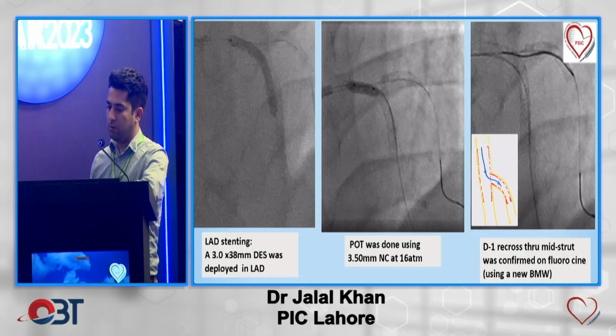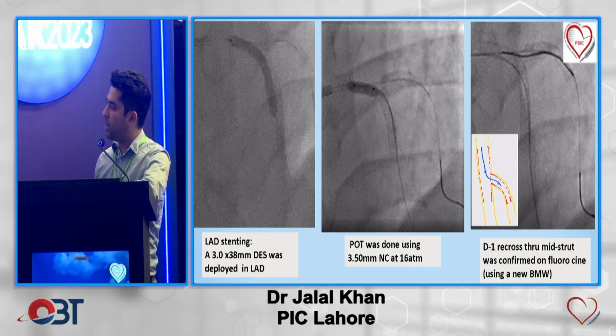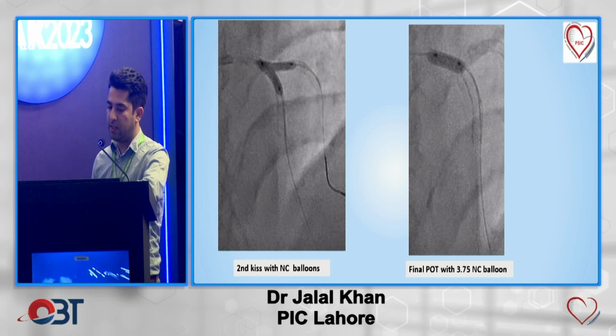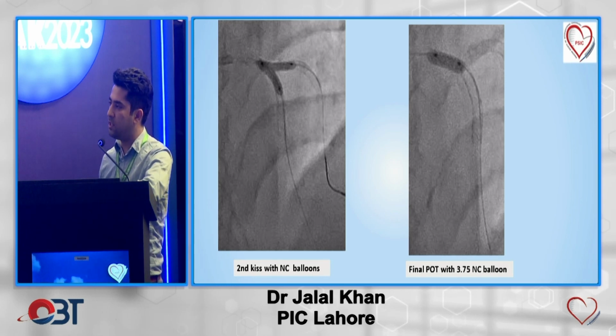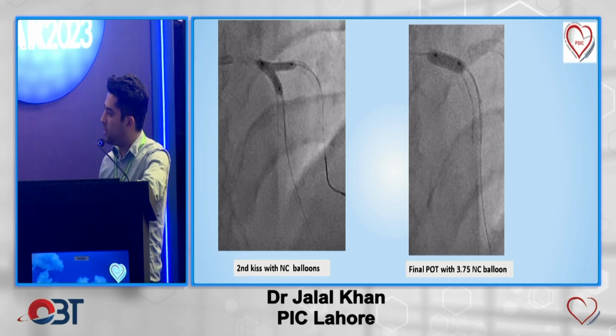In the second view, we took a stent of 3x38 deployed in the LAD. POT was done using 3.5 at 16 ATM, and a second kiss was done with NC balloons, and then the last POT was done with a 3.75 NC balloon.